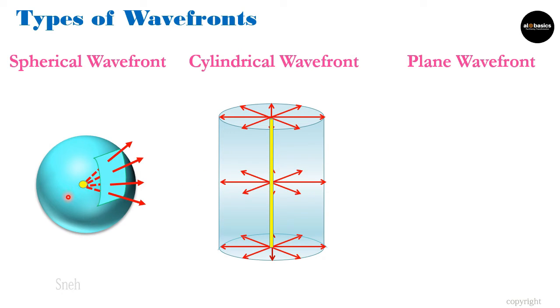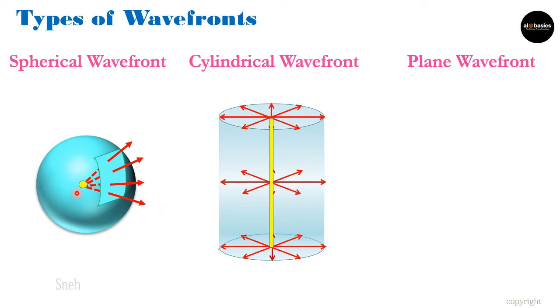What about the cross section of a spherical wavefront? We have seen this also in the earlier video. It gives me a circular wavefront. I'll show you afterwards again how we get that exactly, or how to draw that on paper, because on paper it is difficult to draw a spherical wavefront.